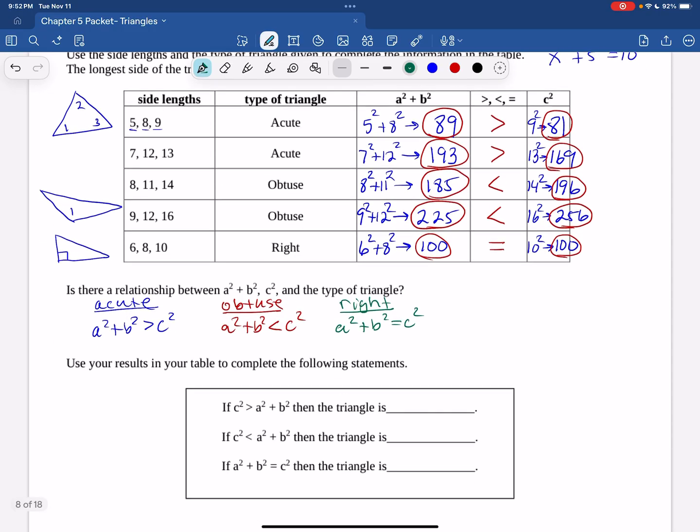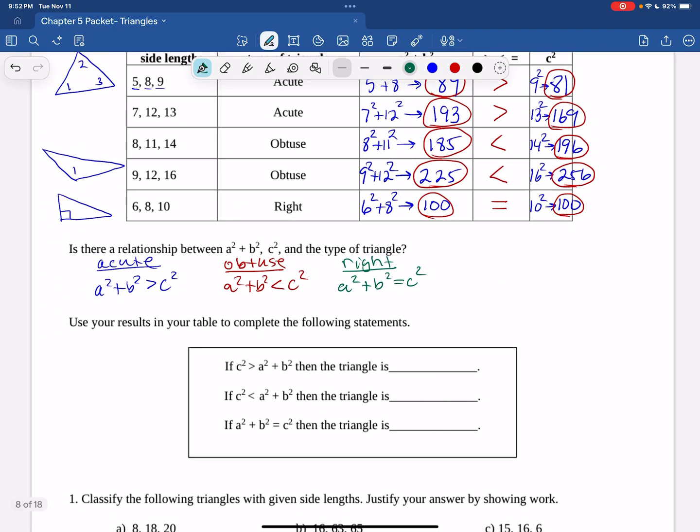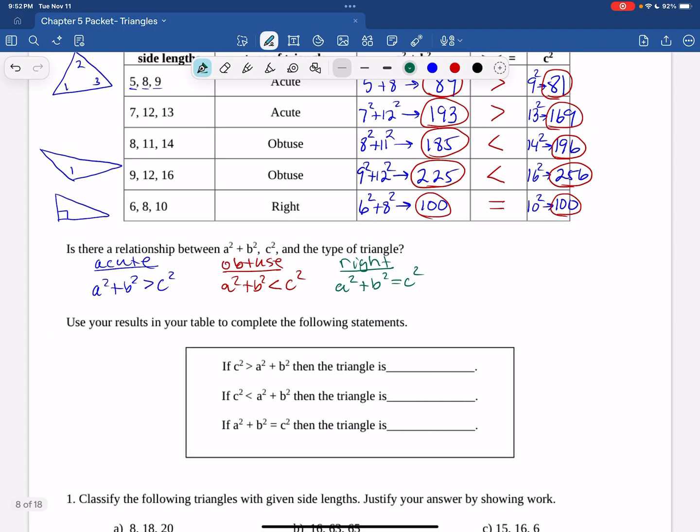So let's go on down here, and we're going to put those in a rule. However, more often than not, if I asked you to choose a symbol, greater than, less than, or equal to, and I said, which one would you associate with the word acute? You probably would say less.